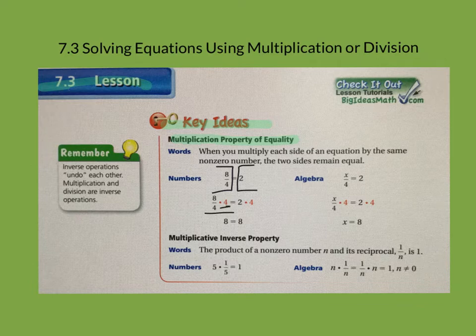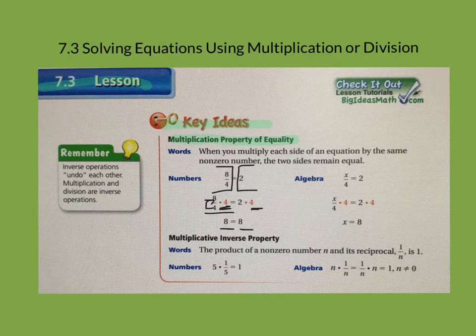If you're going to do that over here, you have to do it over here. And what that means is I'm getting down to 8 equals 8. Now, if you think about it, how many times can 4 go into 8? 2 times. Does 2 equal 2? So our whole idea here is to balance it out.